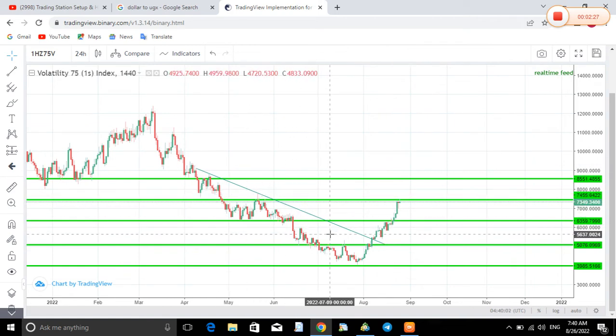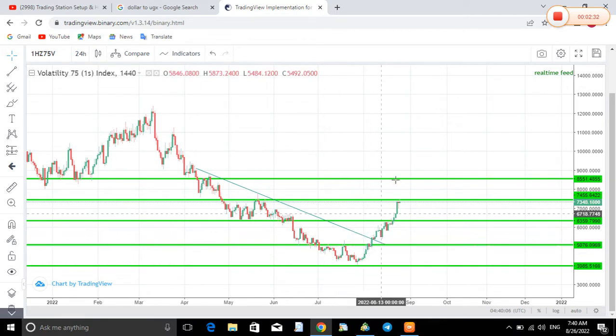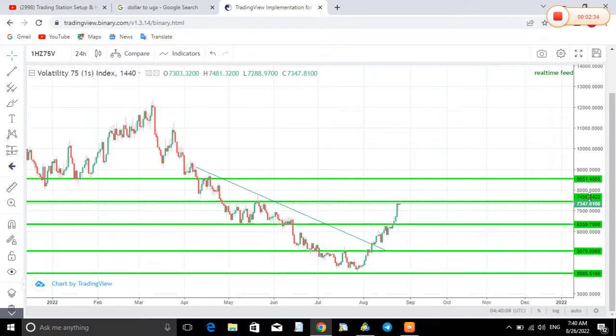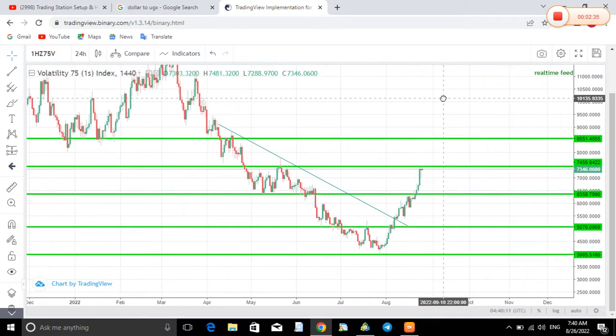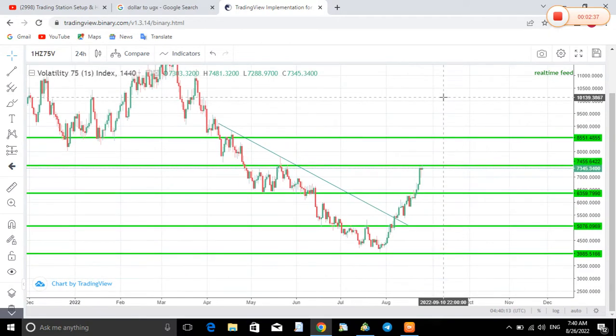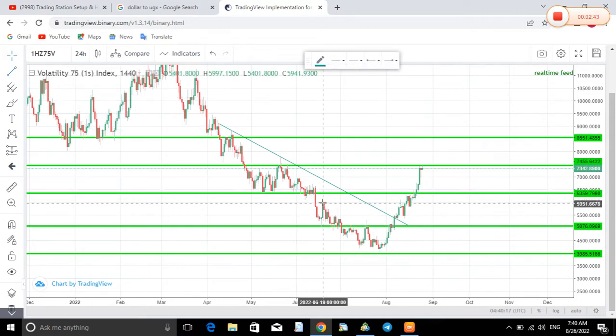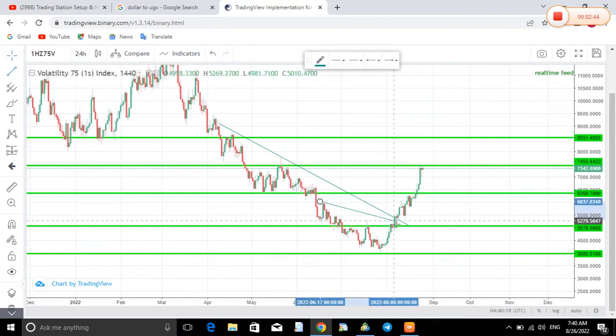After being in a deep downtrend, the price broke up and went into an uptrend. So the market was making lower highs and lower lows, but at this particular level the market made a reversal pattern, which was a falling wedge.